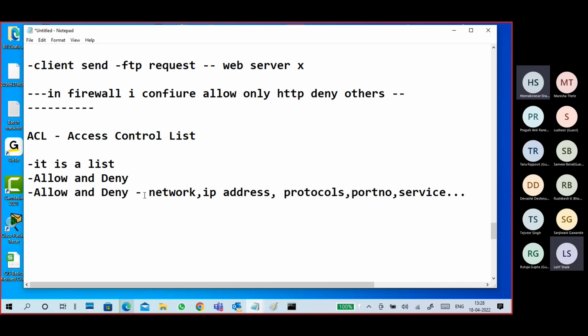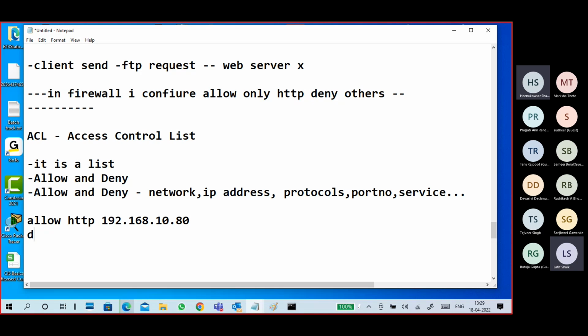So what is allow and deny? For example, I put an allow for the HTTP service for a server, for example 192.168.10.21, port 80. Allow. So access is allowed.